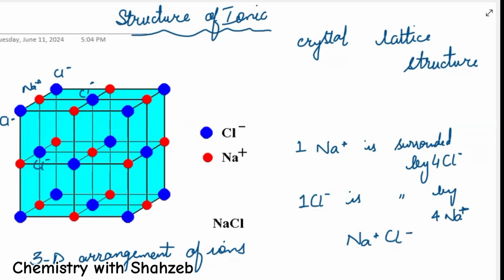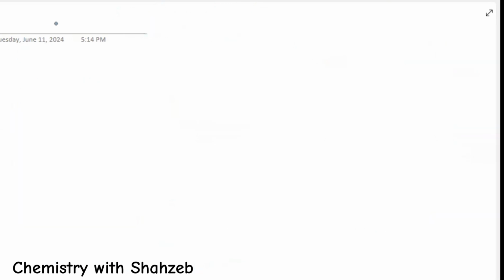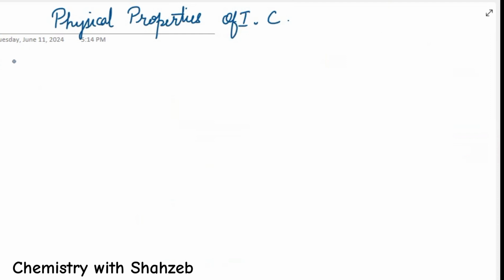Now let's move further towards the physical properties of ionic compound. First property is that they have high melting point and boiling point.